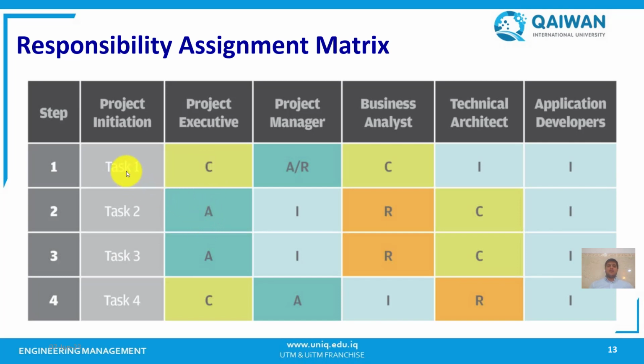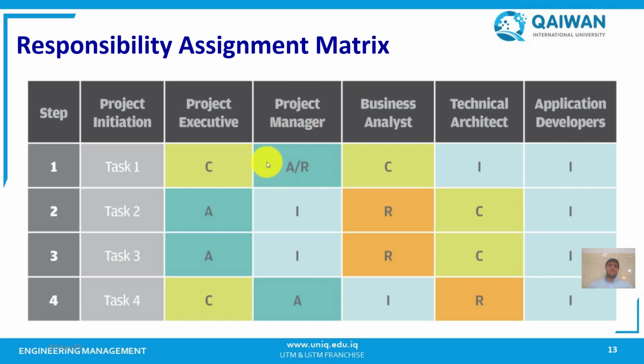For example, this is the project initiation task, task 1, task 2, task 3, and we have the project executive, project manager, business analyst, and technical. So we have all the types of individuals here. These people assigned to these tasks are represented by letters in the matrix, so we can easily find out who is responsible for what.